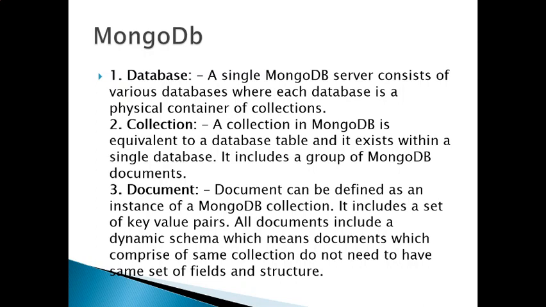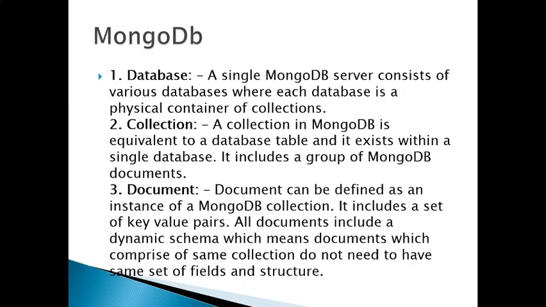So every document in a collection has a dynamic schema. There is no bound by MongoDB that every new document should contain the same number of fields or the same type of fields. It actually provides the facility that every document is an independent thing and you can store any key value pairs in that document.